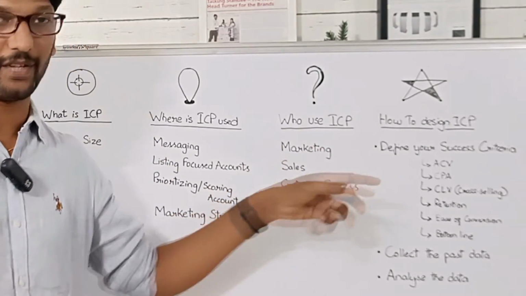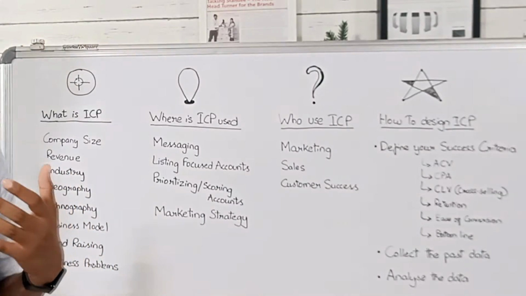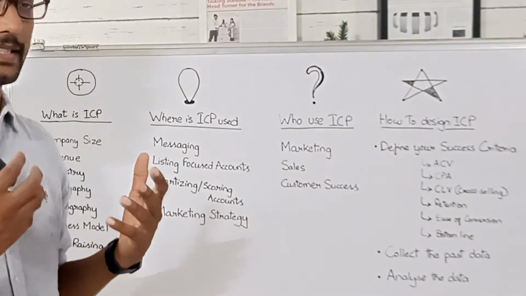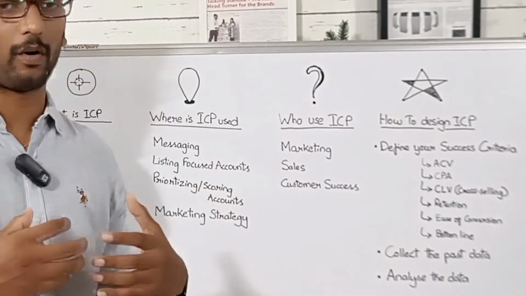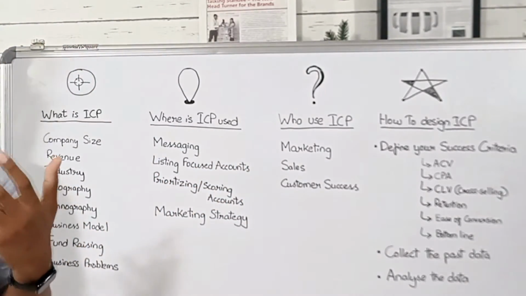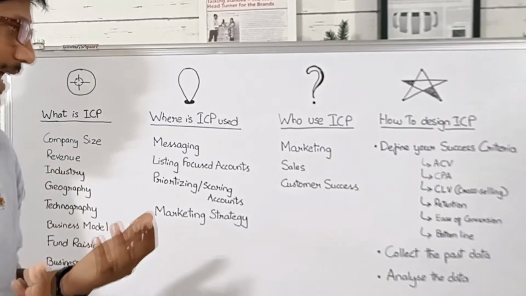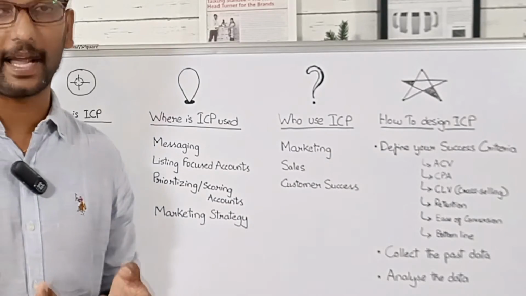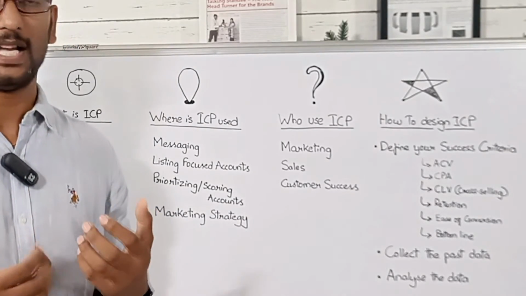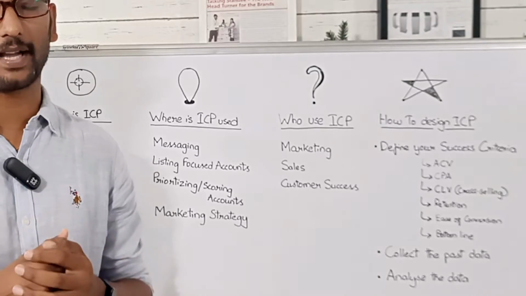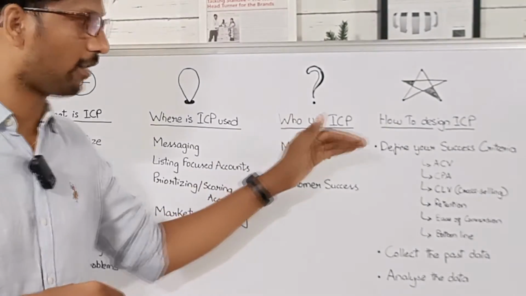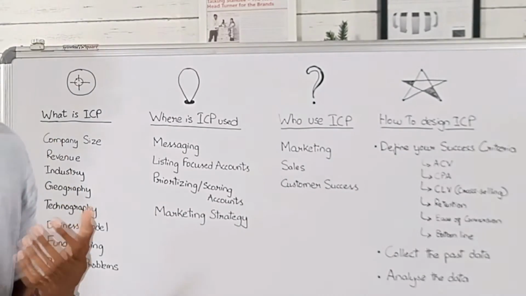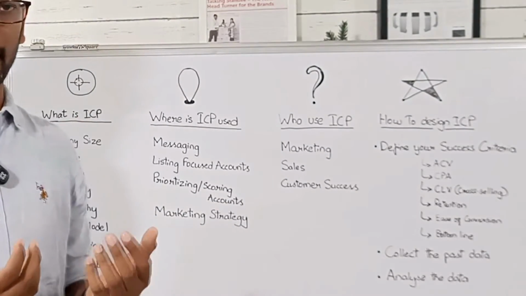It is ACV, the annual contract value, the cost of customer acquisition, the customer lifetime value, or the retention, which in other terms you can call cross-selling as well, and also the ease of conversion, and the bottom line that we are able to bring in. And on the retention side, we can look at the churn rate also. So these are some of the attributes that you can look at while defining your success criteria.